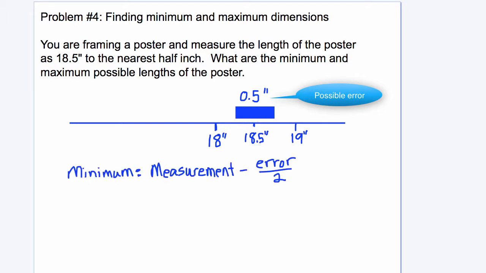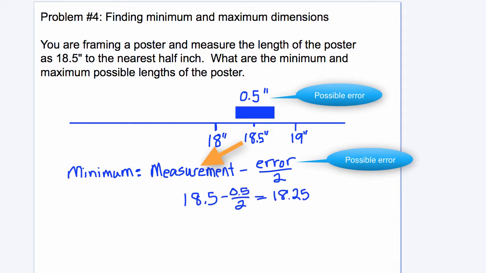To find the minimum possible dimension of this poster, the minimum possible length, you take the measurement that you took, 18.5, and subtract half of the error. So you get 18.5 minus 1/2 over 2, so that's 0.25, and that equals 18.25.